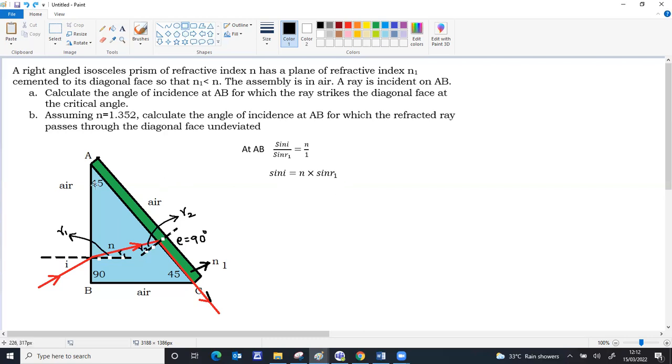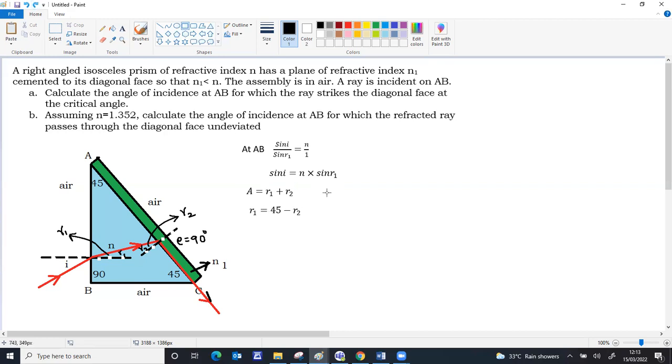For any prism, we have a result: the angle of the prism A is equal to R1 plus R2. That result is derived during the derivation of the prism. So we want R1. R1 will be A minus R2, and A is 45 degrees. So R1 will be 45 minus R2.